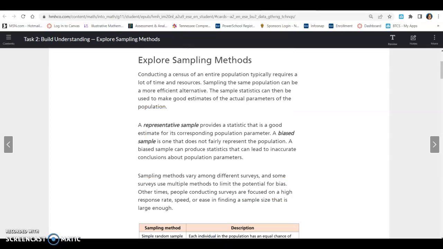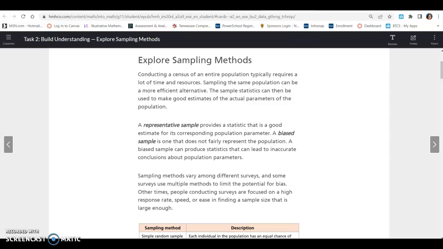Lesson 19.3, task 2. Explore sampling methods. Conducting a census of an entire population typically requires a lot of time and resources. Sampling the same population can be a more effective alternative. The sample statistics can then be used to make good estimates of the actual parameters of the population.